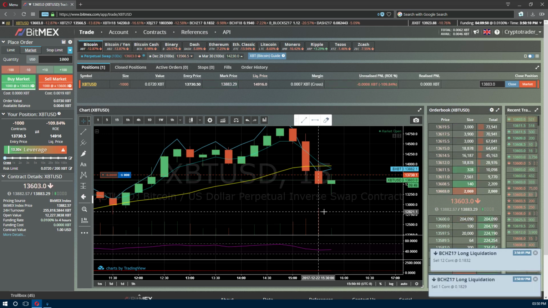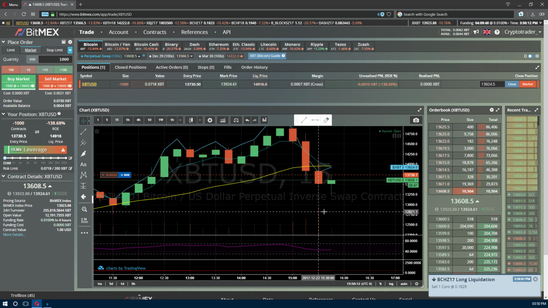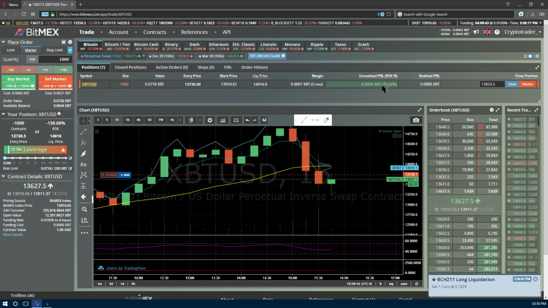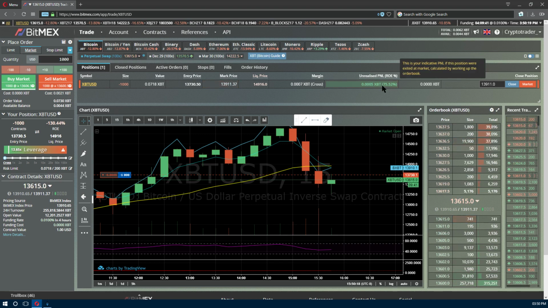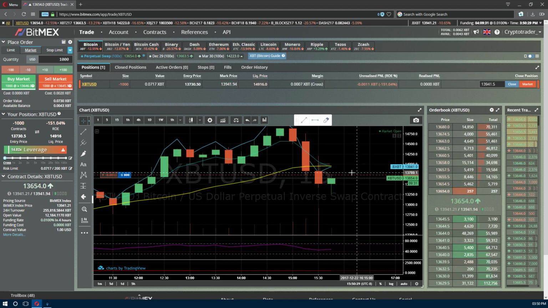Longs are getting liquidated. I'm short. I want to enter a take profit. I want to actually enter a stop loss right here, if I can figure out how to put a stop loss in.